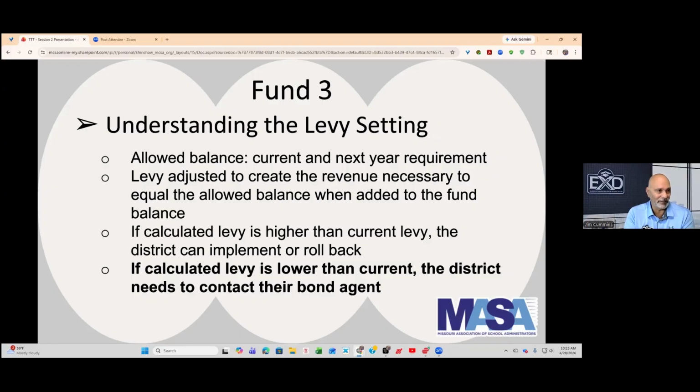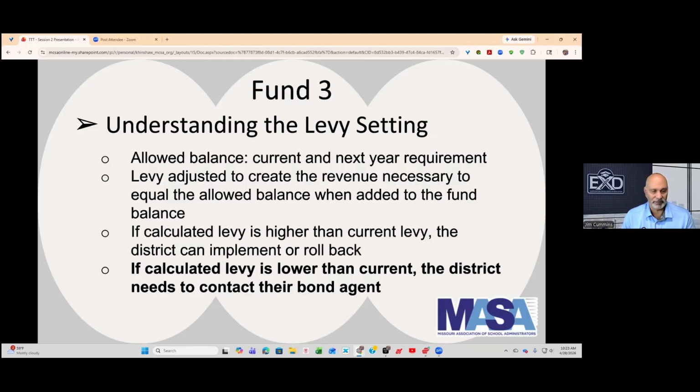You have 10 in your account, you can add 5 with this year's taxes. So whatever your assessed valuation is times a levy to create $5, that is how the levy is set. So in other words, you're taking your current balance, you're adding to it whatever will cover this year and next year, and that's how you set your levy.